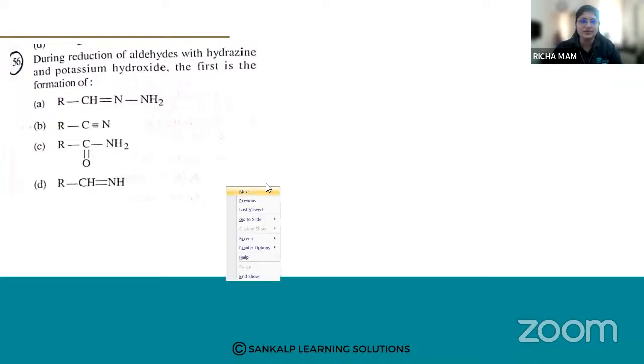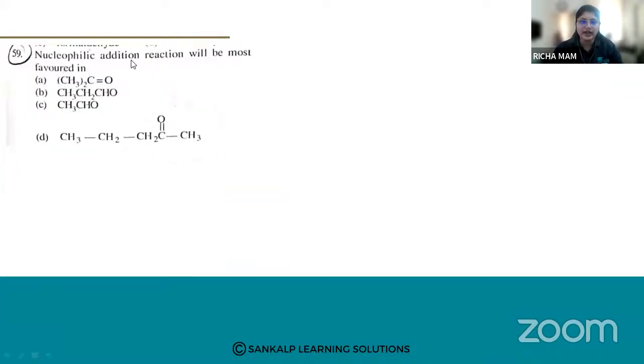Okay, so please answer. Next: nucleophilic addition reaction will be most favored in which? These are the four options. You have a ketone, an aldehyde, and this is a ketone.